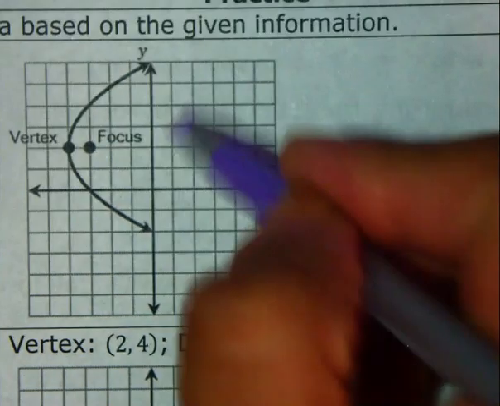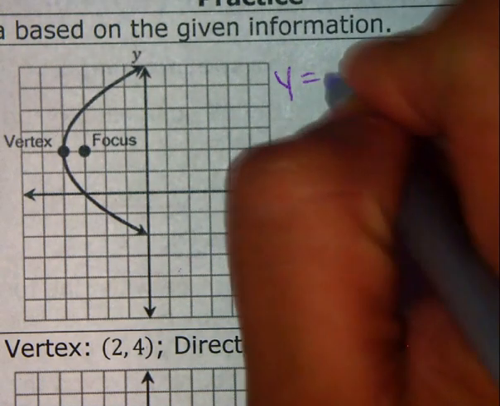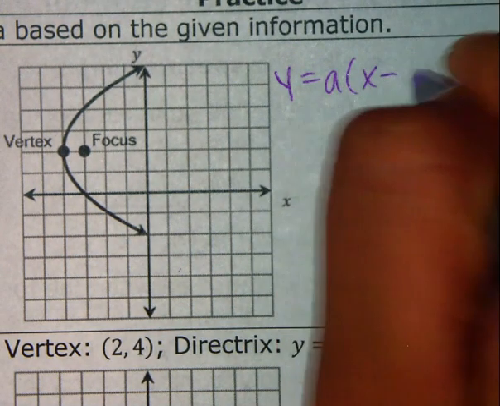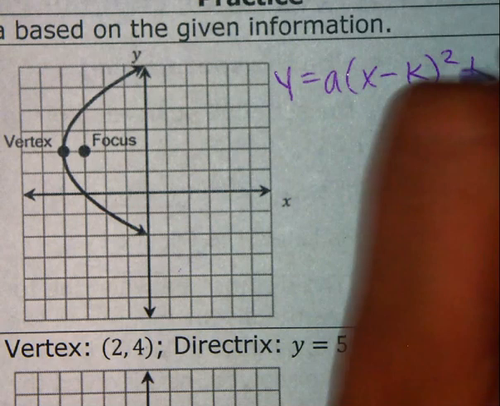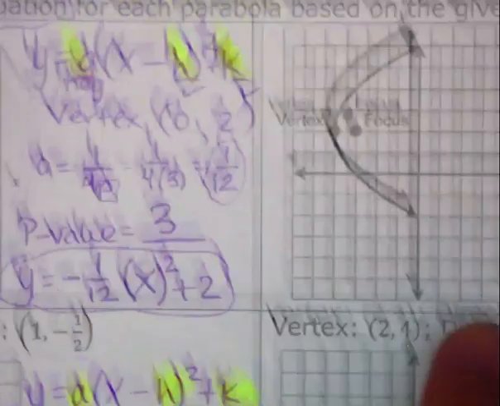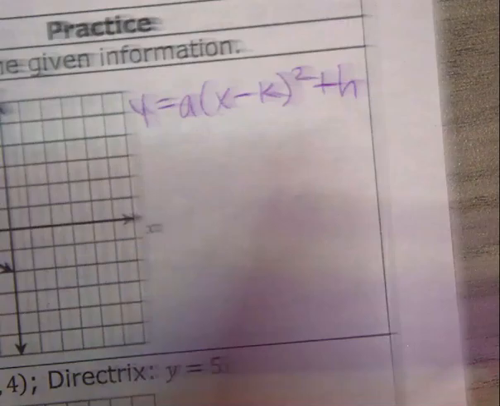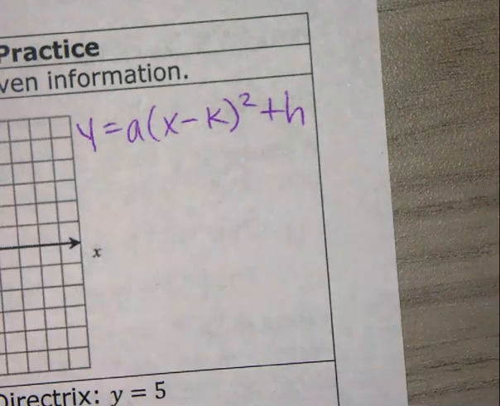Here's a parabola opening sideways, so right away we know to use the template with the k and h values switched.